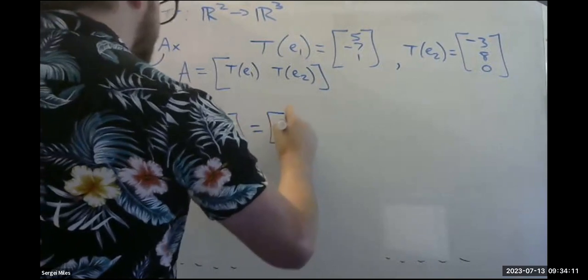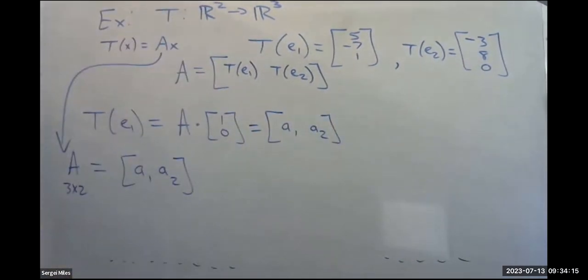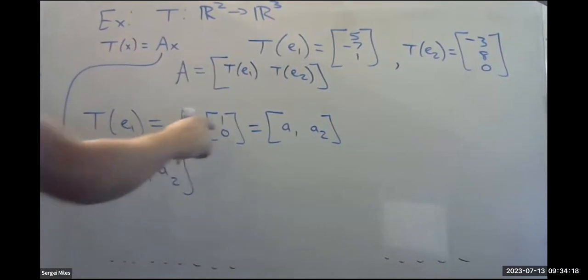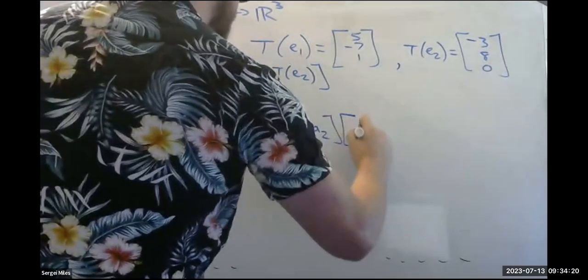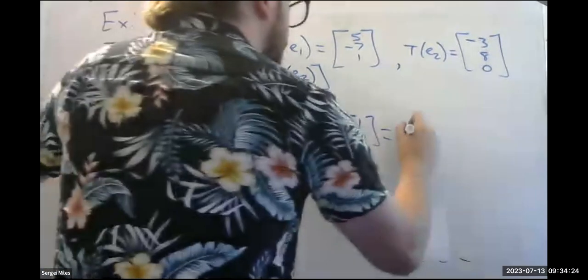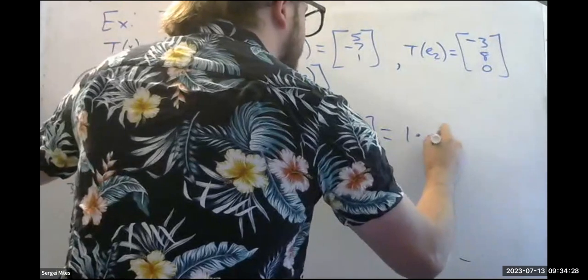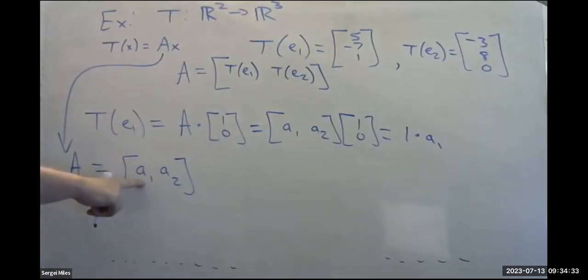Well, what is this then? This is going to be A1, A2 times 1, 0. But if I do this linear combination, this is just 1 times A1. A1 is the first column.